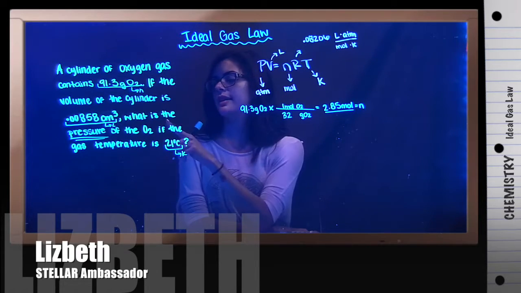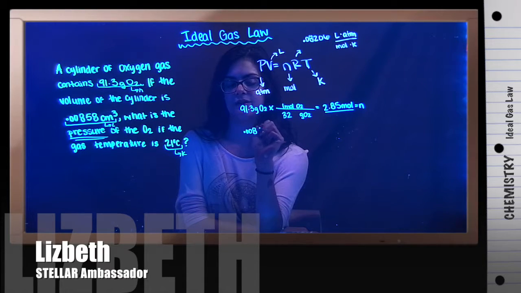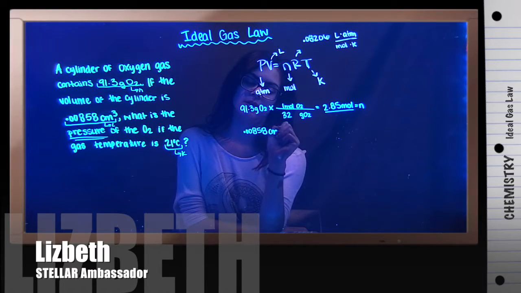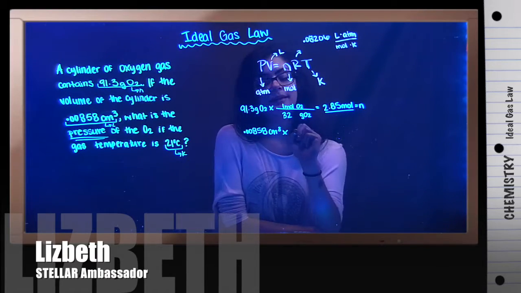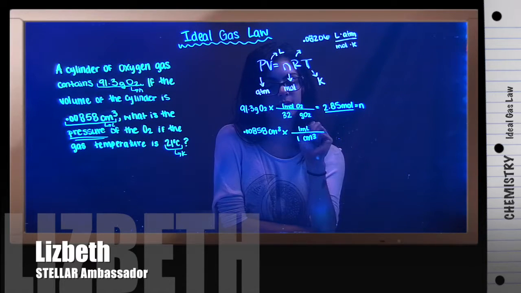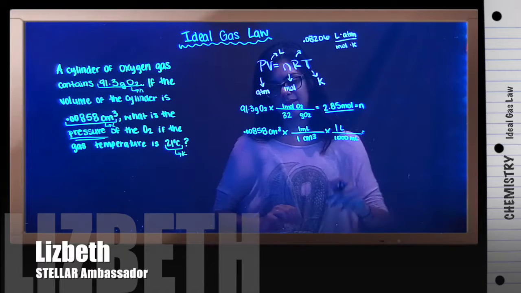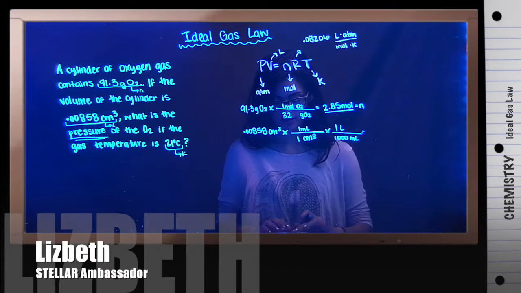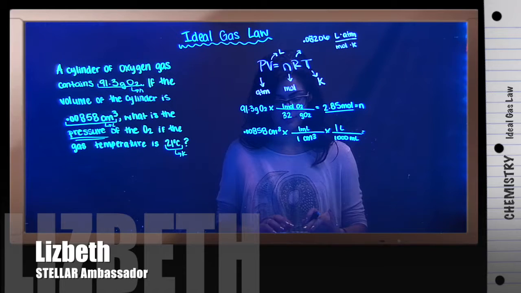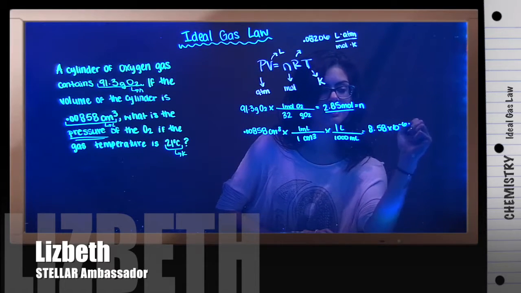And then I have my volume, 0.00858 centimeters cubed. I know that 1 centimeter cubed is equal to 1 milliliter, and that there are 1,000 milliliters in 1 liter. So it's going to give us a pretty small value: 8.58 times 10 to the negative 6 liters.